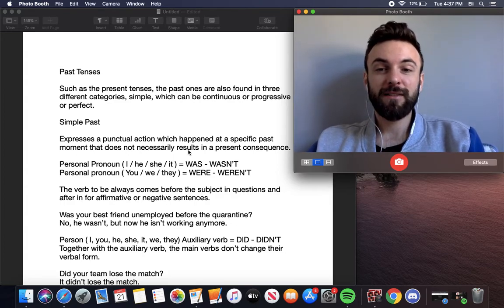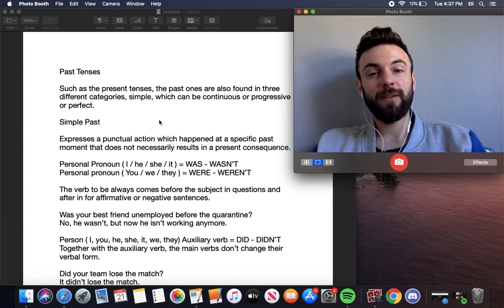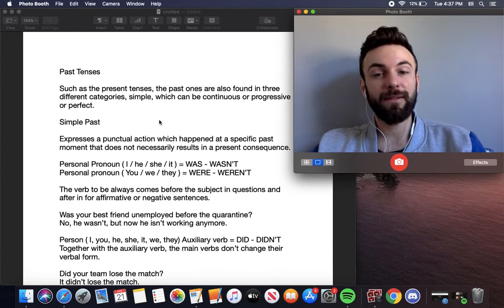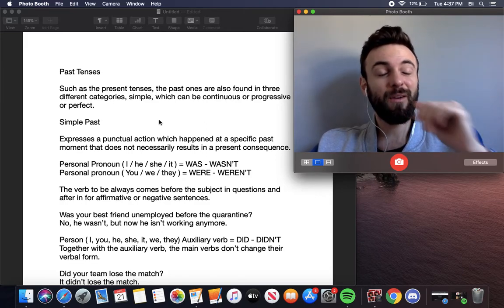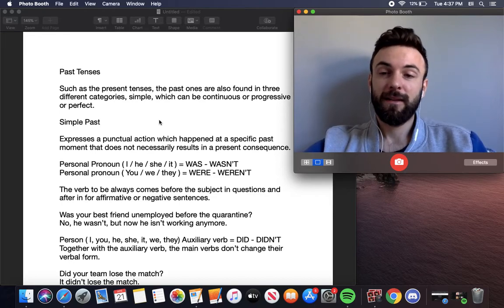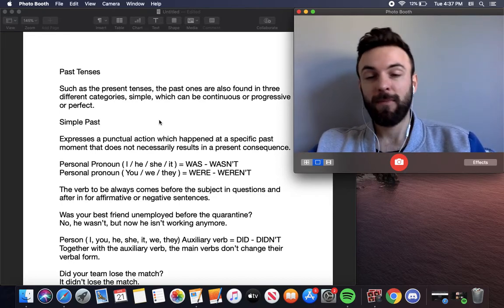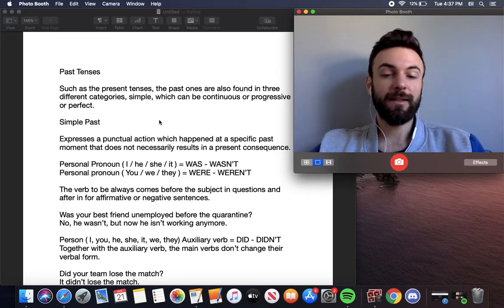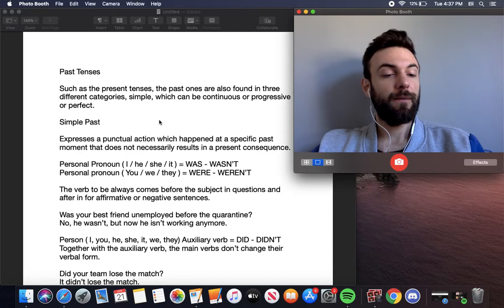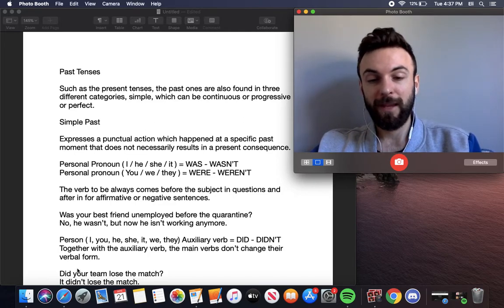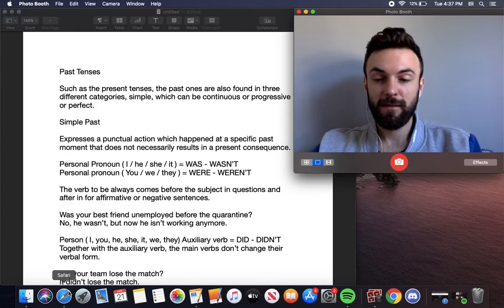And such as the present tenses, the past ones are also found in 3 different categories: the simple one, which can be continuous or progressive, or the past perfect one, which is also the hardest because it's the one that we use with participle verbs and the auxiliary verb had.